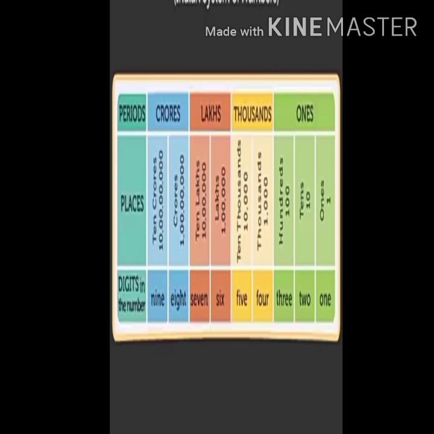According to the Indian place value system, the ones period consists of 3 places: ones, tens, hundreds, and the thousands period consists of 2 places: thousands and 10,000s. The lakhs period consists of 2 places: lakhs and 10 lakhs. The crores period consists of 2 places: crores and 10 crores.